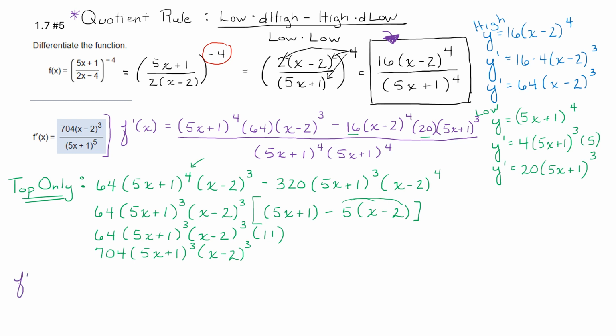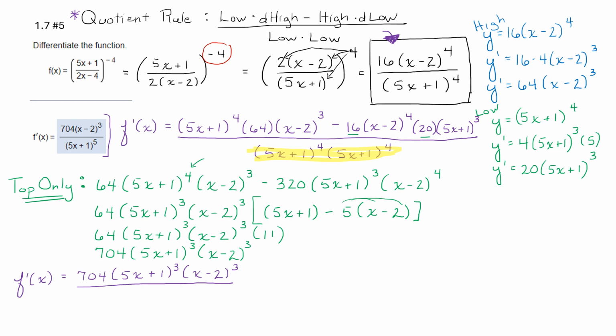So our derivative, we'll have the 704 times the (5x + 1)^3 times the (x - 2)^3, all over, and we can look up here and you can see what I'm highlighting.